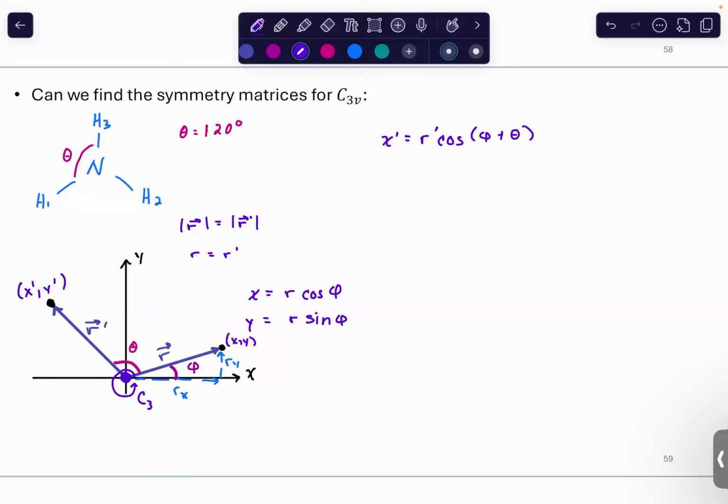Now, we remember, based on the fact that R equals R prime, X prime is going to equal R cosine phi plus theta. So then that means our Y prime is going to be R sine phi plus theta.